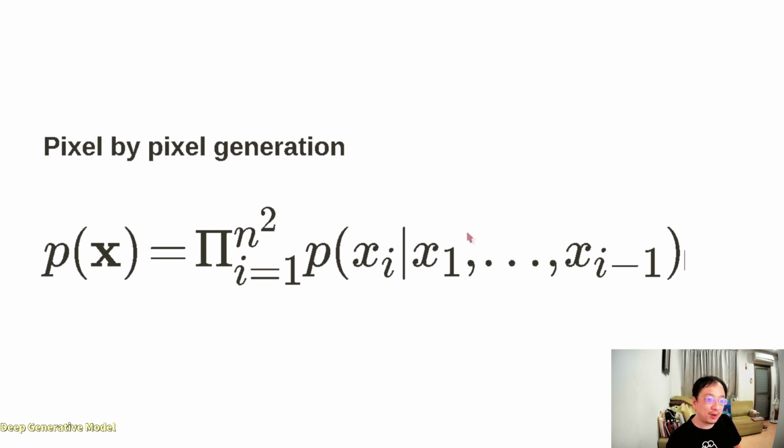And after we give an ordering of the pixels, then we can do the same thing, because we usually consider it as a square image. So there are n square pixels. For each previous pixel, we use this information to predict the probability of what the next pixel would be.